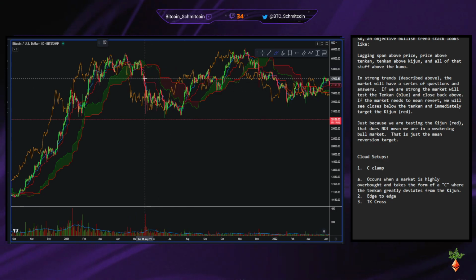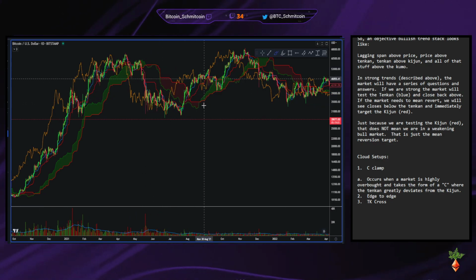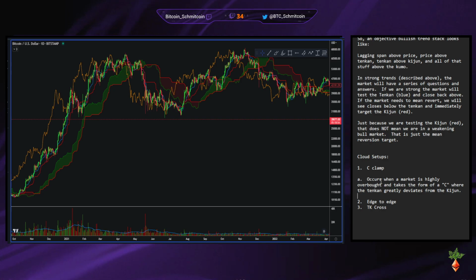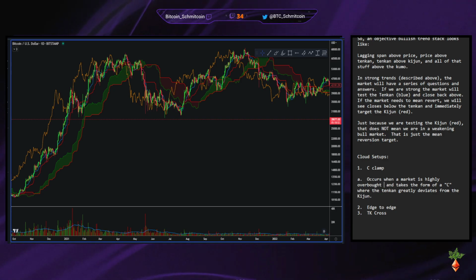So you get this little C shape. And then when we're talking about edge to edge, probably overbought or oversold.